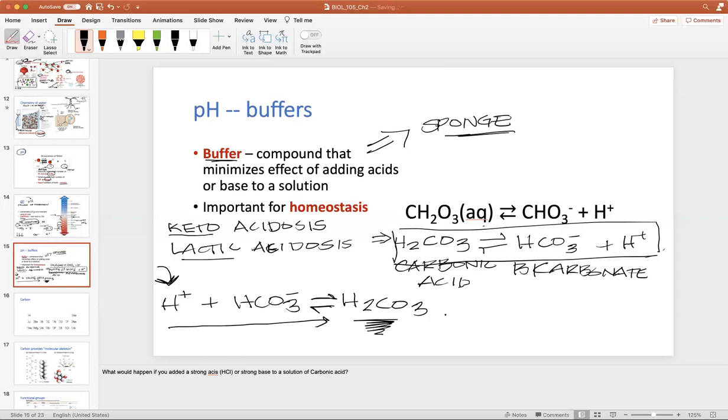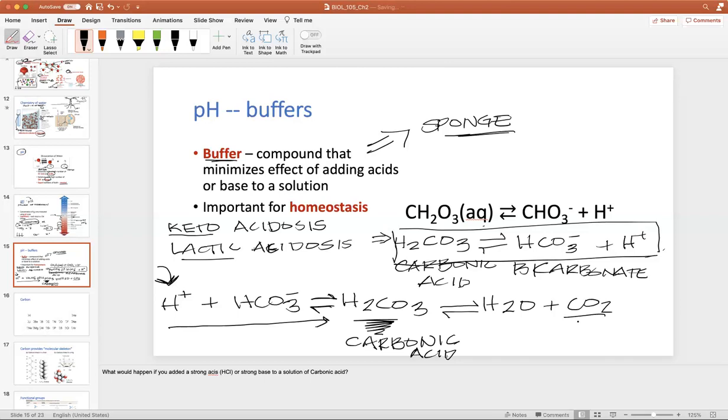And what's really cool is we could actually draw out this equation chemically a little bit farther. If you end up making a whole bunch of extra carbonic acid because you have dumped a bunch of hydrogen ions in here, so these are combining and you end up with a high concentration of carbonic acid, this can be broken down into H2O plus CO2.